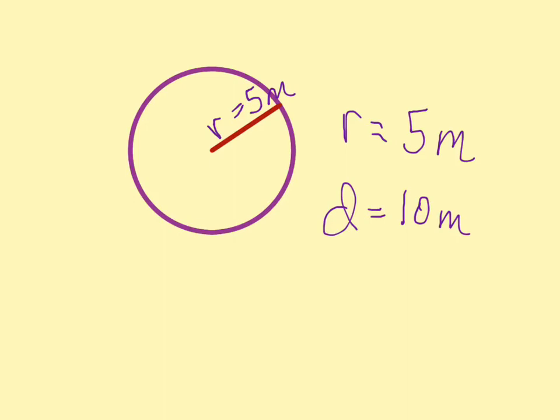We need to know how to find the radius, how to find the diameter, and how to find the circumference of a circle now. So if I want to find the circumference of a circle, I use the formula C equals 2 pi r.